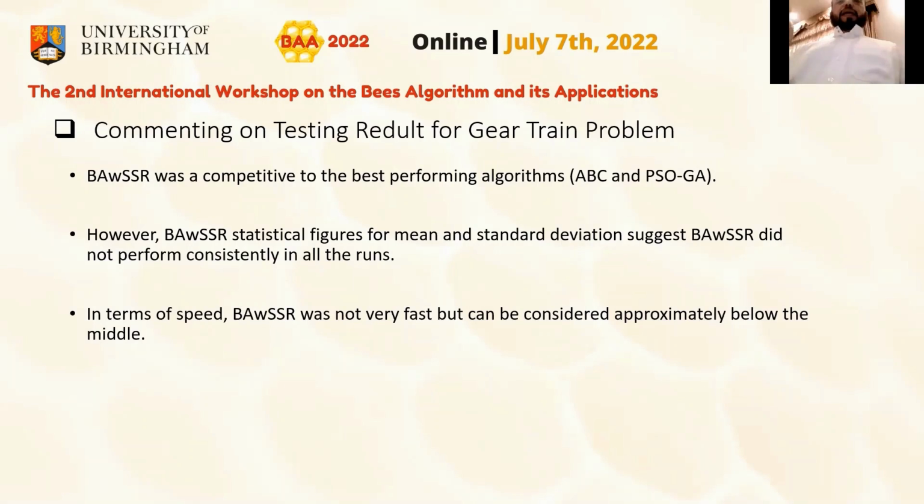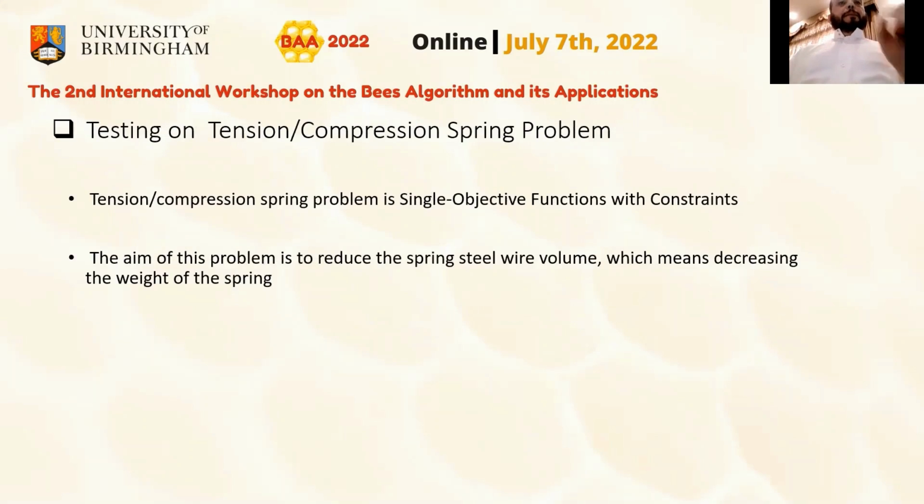If we take the mean of the 20 runs that were performed, it doesn't reflect a stable performance, which means there's a need for improvement. In terms of speed, it wasn't very fast, but it can be considered in the middle.